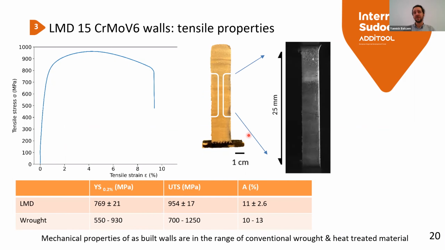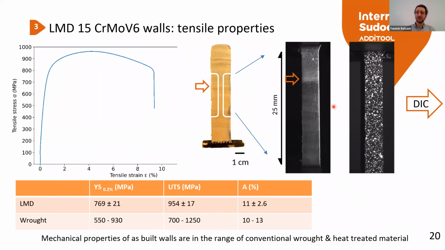But looking at the tensile test sample, which is etched, we have a white band on it, and we have to understand how this feature can modify the mechanical properties of the material.